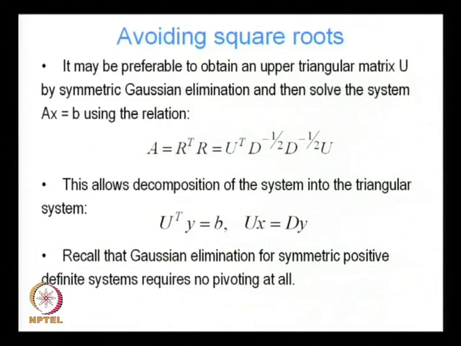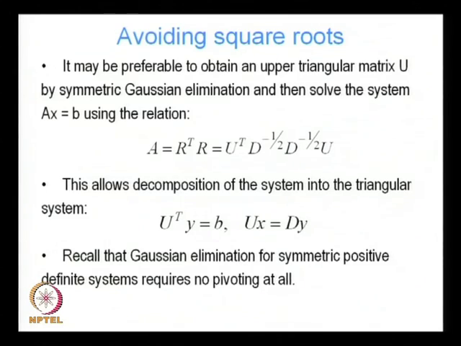Because we are never explicitly computing D to the minus half, we are always computing D only in this way. So, this takes advantage of the fact that for a symmetric positive definite matrix you can write A as R transpose R, but it does not require taking the square root.